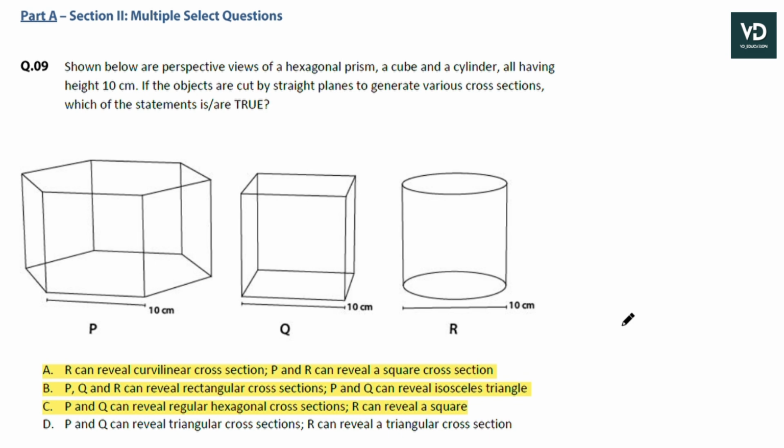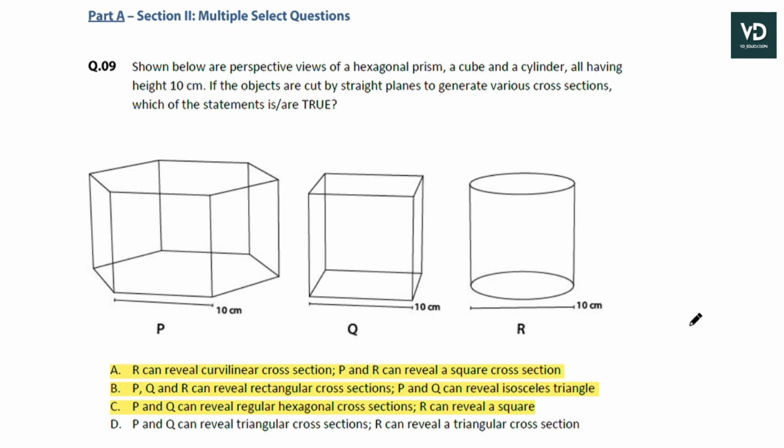Okay. Q and R can reveal a rectangle cross section also. P and Q can reveal an isosceles triangle also. Yes. Okay. Then P and Q can reveal a regular hexagonal cross section. R can reveal a square.